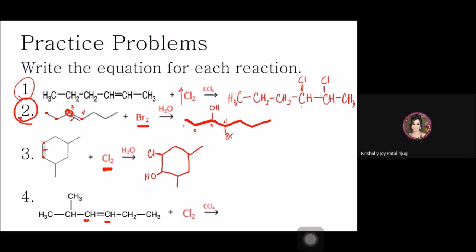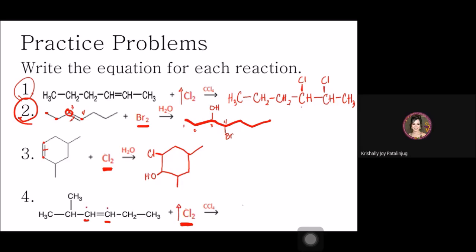Alright? Then, finally, chlorination again, but this time in the presence of carbon tetrachloride. So, somehow, the concentration of chlorine gas is enhanced. That's why two Cl will be added, one Cl for each double bond carbon.